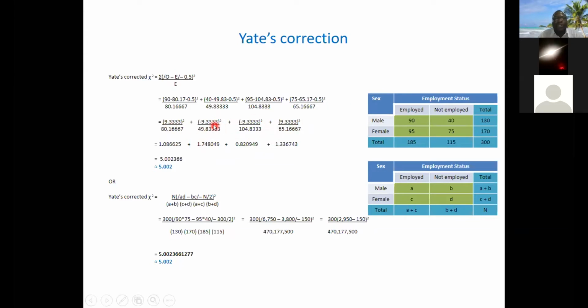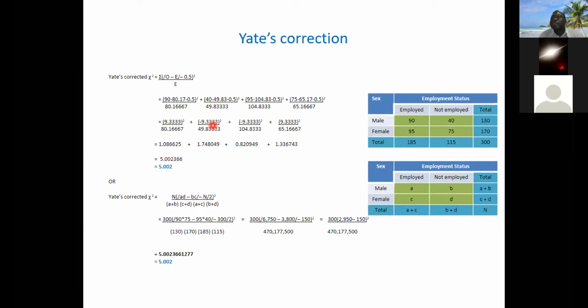Because what you do is first say, okay, 9.83 plus here, minus 9.83 here. So if it is a mathematical difference, if this one minus 9.83, you now say minus 0.5, it will give you minus 10 point something. But it's not like that.